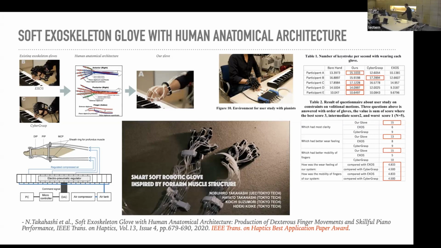But the problem is those exoskeleton gloves are very big, very heavy, and not comfortable to wear. Also, those haptic gloves can, for example, pull your fingers, but not push, just one direction.